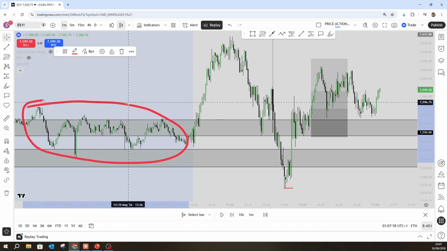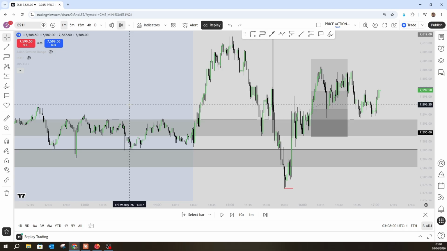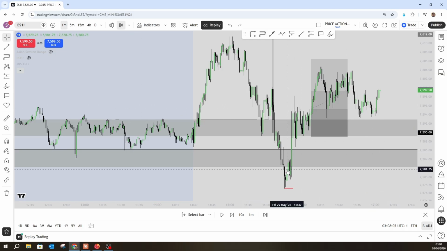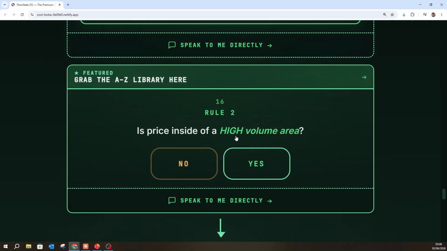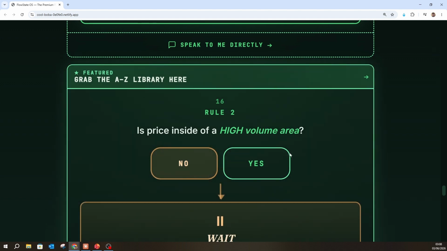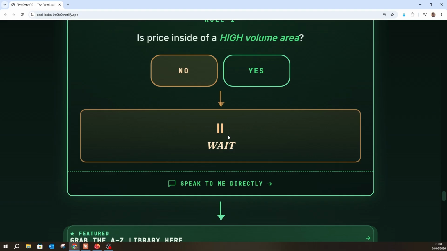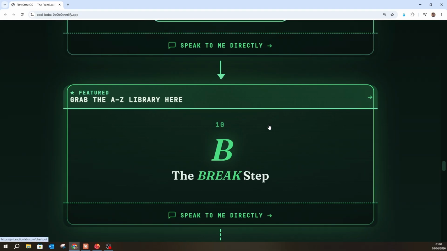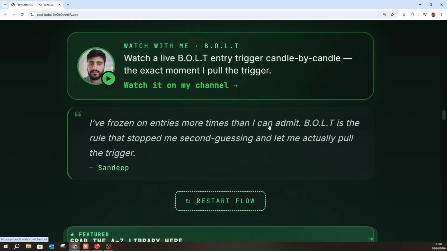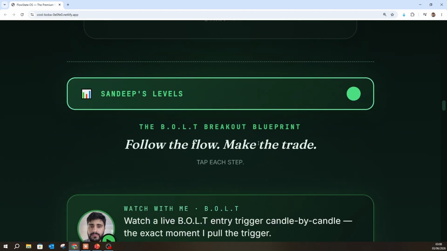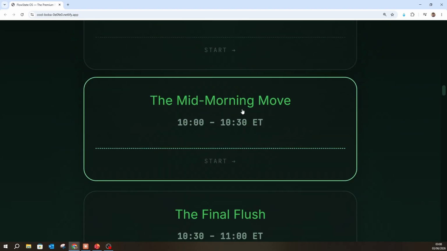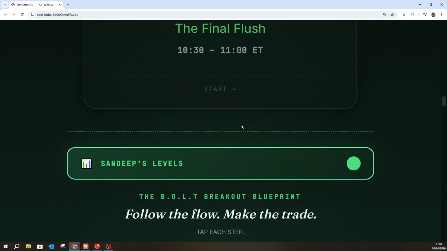And the FlowState OS app will make you input the data so that you can identify these trading opportunities. So is price inside of an area of high volume? Now, if you say no, it's going to force you to wait. However, notice how we're inside of the right trading window. We're in the mid-morning flush. We're in the mid-morning move, between 10 and 10:30.